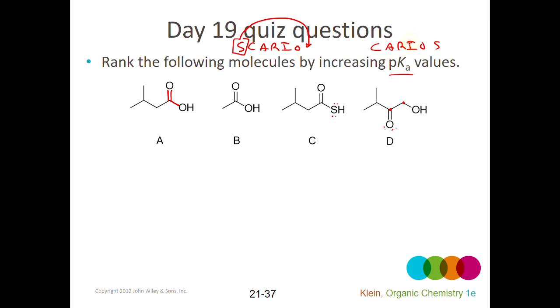if I write it like this, now I can look at these factors in order of priority. So I want to look first at the quantity of charge. Well, they're all neutral, and if they were to each act as an acid, they would produce a single negative charge in each case.